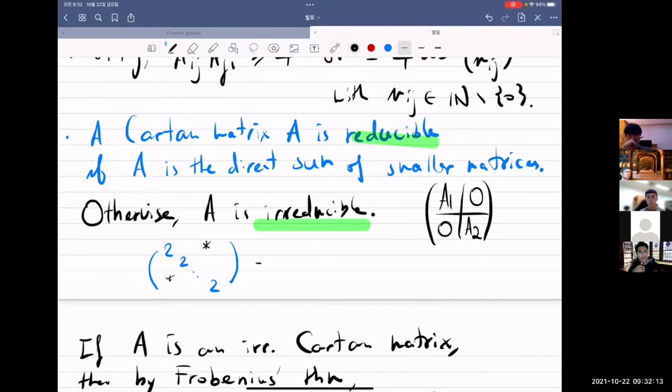So I can write this as 2 times the identity plus something, but this something is actually satisfying the assumption for the Frobenius theorem, right? Does it make sense?